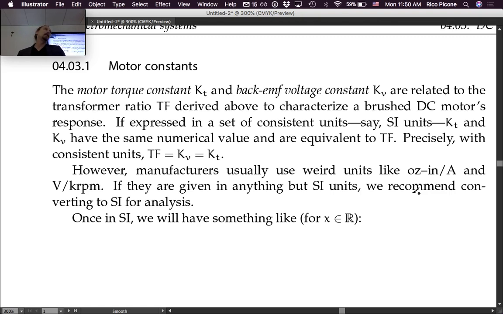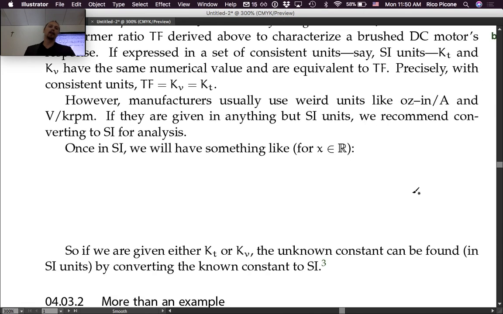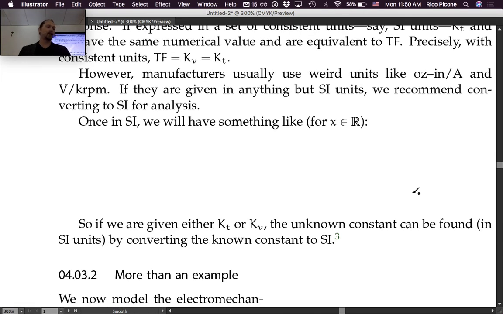So when you look them up in the manual, it's not going to be in a form you can use directly as a transformer ratio, for instance. So if they're given in anything but SI units, which they will be, we recommend converting to SI for analysis, or at least a set of consistent English units where they're equivalent. So the procedure for SI then, once in SI, we'll have something like this.